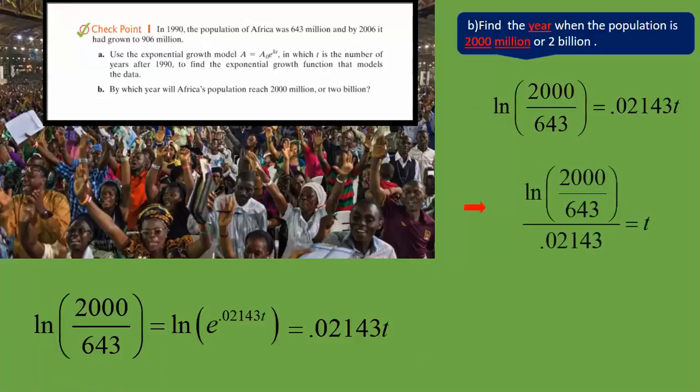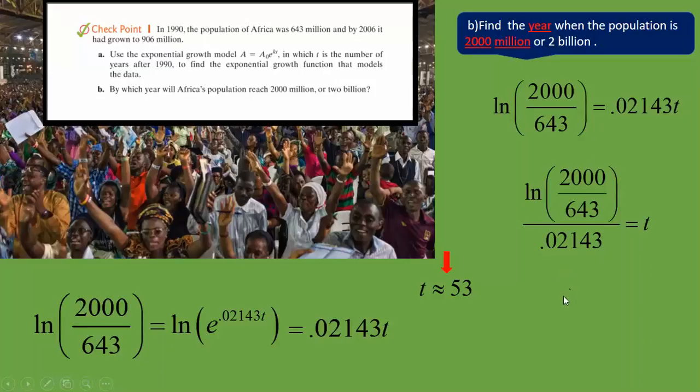So when we solve for t, we end up with the natural log of 2,000 divided by 643 divided by 0.02143. And so we put that value in our calculator and we get t is approximately 53. Now that's not saying that the population will reach 2 billion in the year 53.